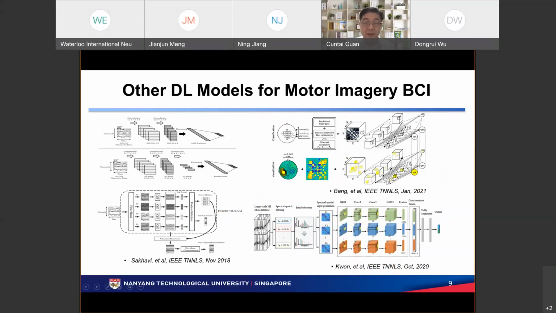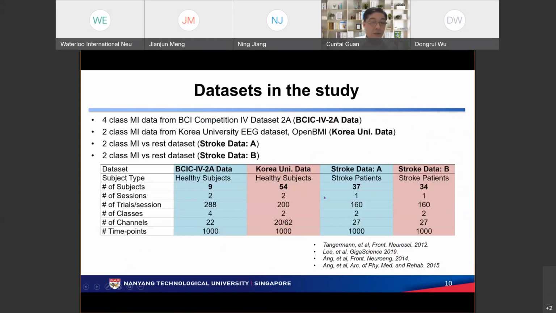Okay, then we first compare the methods, three deep learning models plus FBCSP, using open datasets as well as an internal dataset from stroke patients. So we have four. The first one is a very commonly used competition dataset, 9 subjects, 2 sessions, from 2 days.